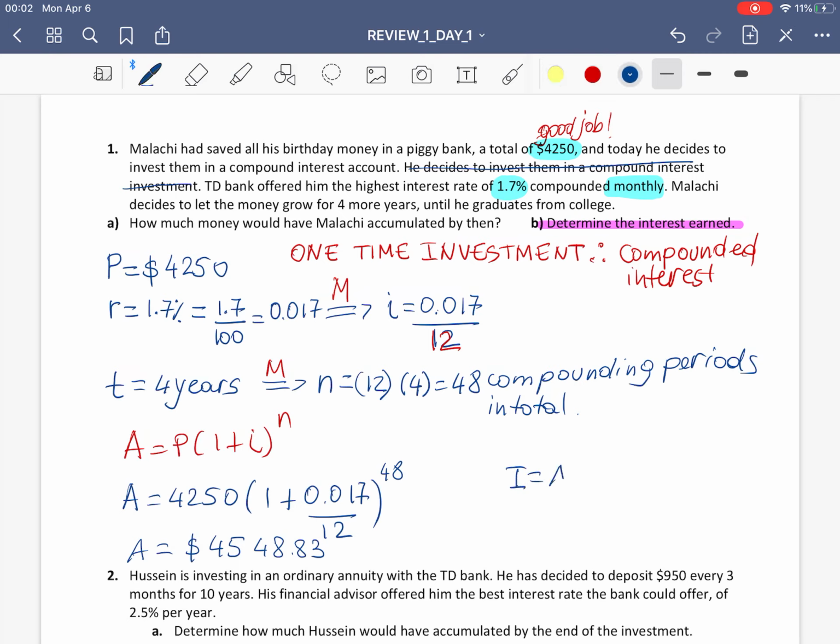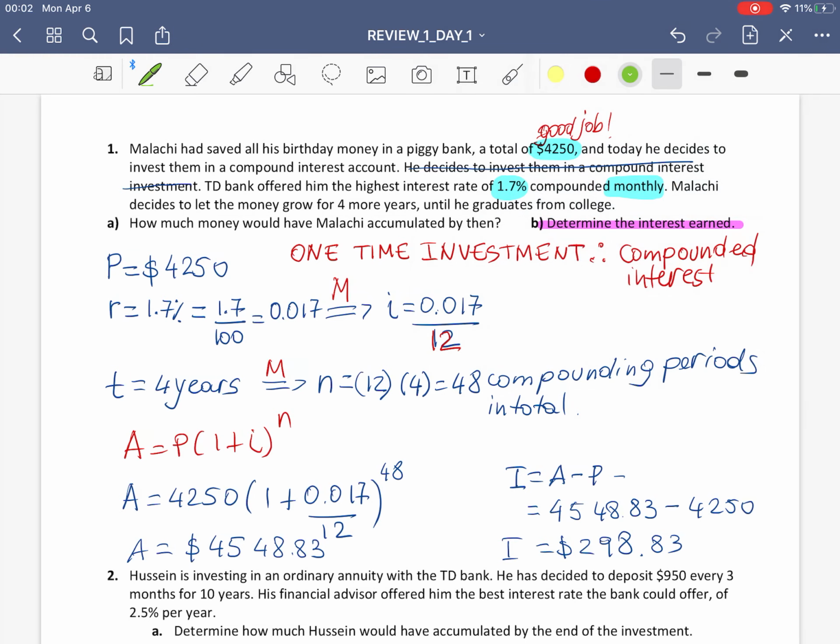So the interest earned, since we are in compound interest, is the accumulated amount of money minus the principal. So that would equal $4,548.83 take away 4,250. So the interest earned is $298.83.